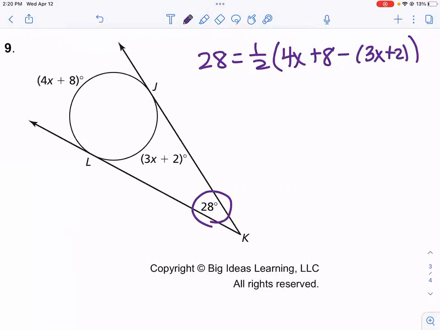So really, inside here is x minus 3x minus 2, because this subtraction goes to both of them. And then I'm going to double both sides to get 36.